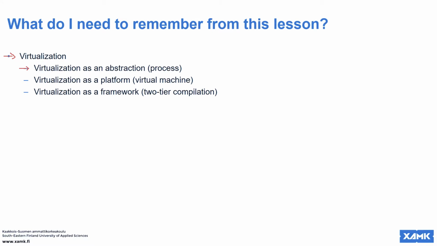So we talked about the process abstraction, and in particular, how servers use the process abstraction to do their job. Then we also looked at virtualization as a platform, so virtual machines and also containers. Finally, we talked about virtualization as a framework, and that's basically the idea of two-tier compilation.